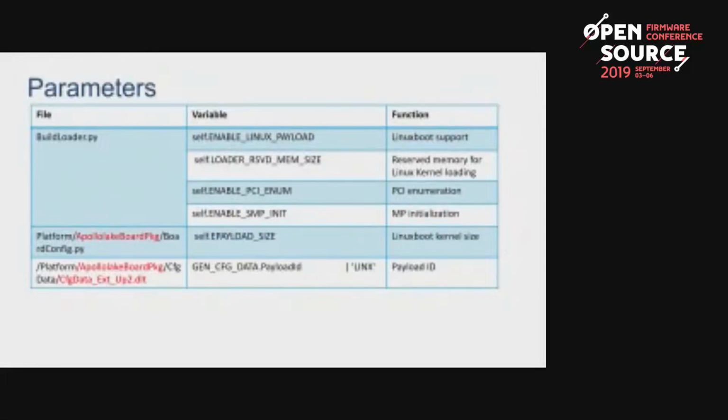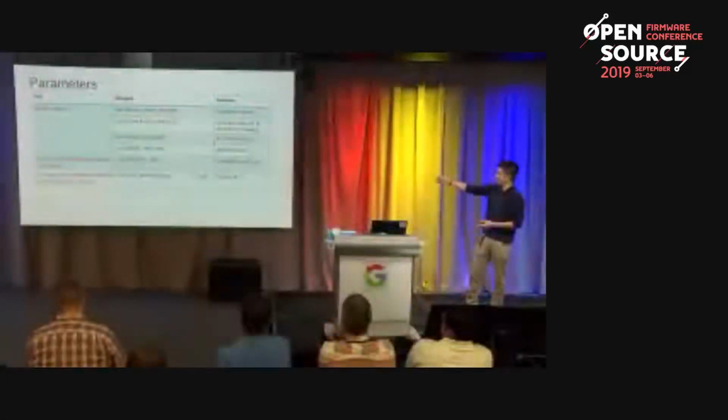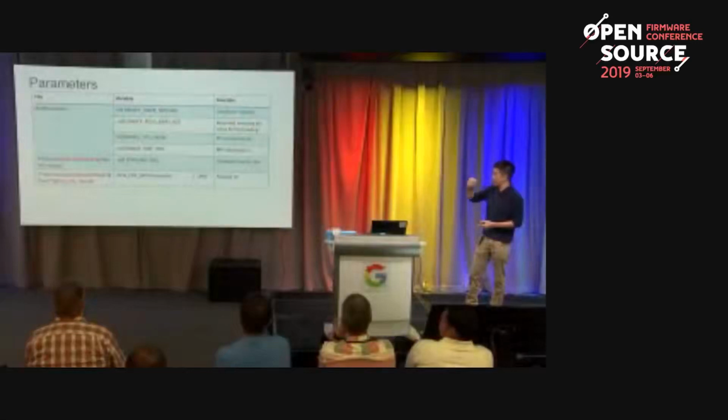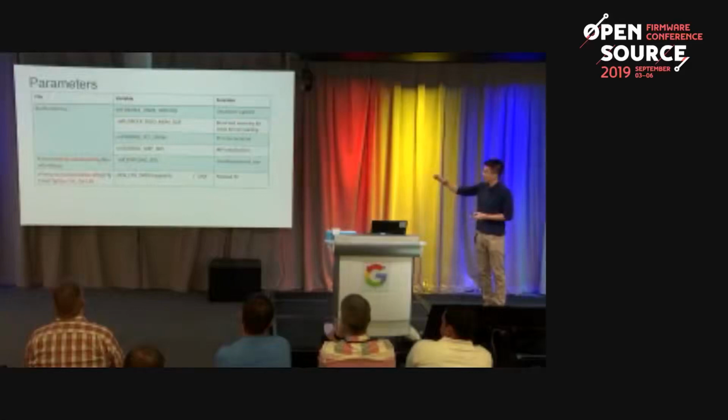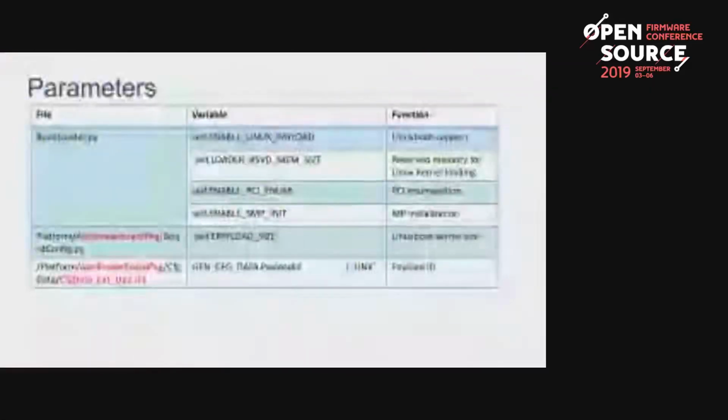The second one, the reserve memory size: you need to increase the reserved memory for Linux kernel loading in case your Linux kernel is bigger. And as I mentioned just now, you can disable the PCI enumeration and also the MP init by directly setting them equal to 0. You can try it yourself. It's pretty straightforward. It's already there.